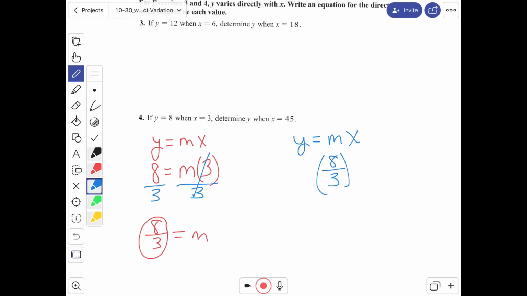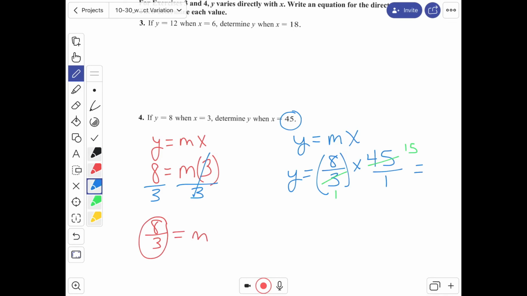Then I'm going to plug in that number again into the formula. 8 over 3 times the x that they give me. And that's going to equal y. To multiply fractions, I'm going to need to put a 1 under it. And then I can simplify. 3 divided by 3 is 1, and 45 divided by 3 makes 15.